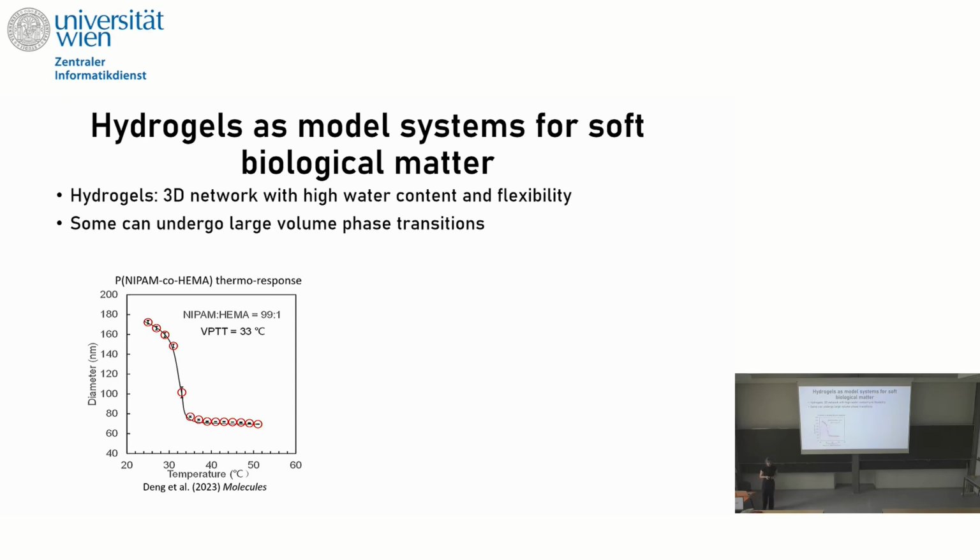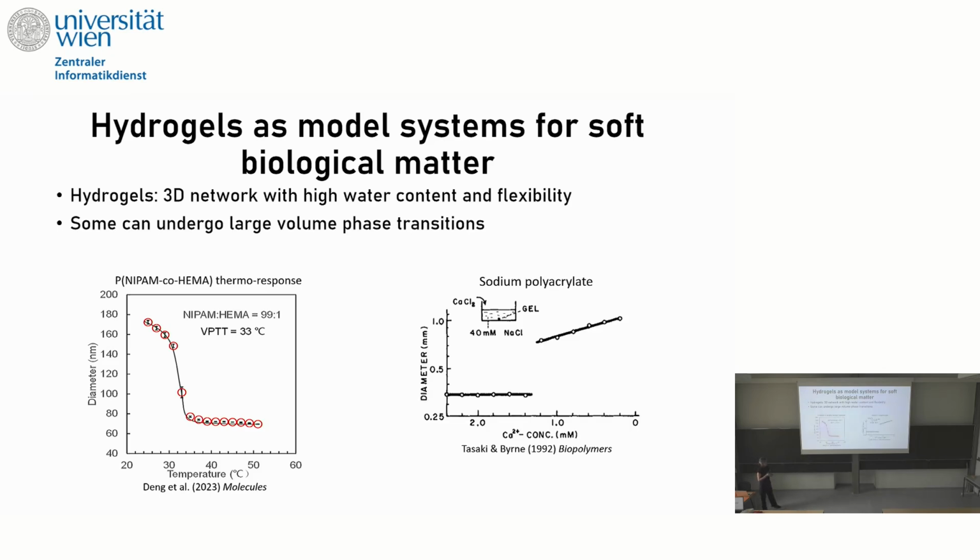This is an example of a thermoresponsive polymer, NIPAM copolymerized with HEMA, which shows a gradual decrease with temperature until we get to a certain point when we see a steep decrease in the volume of the polymer. It loses its volume. This is the phase transition, a volume transition.